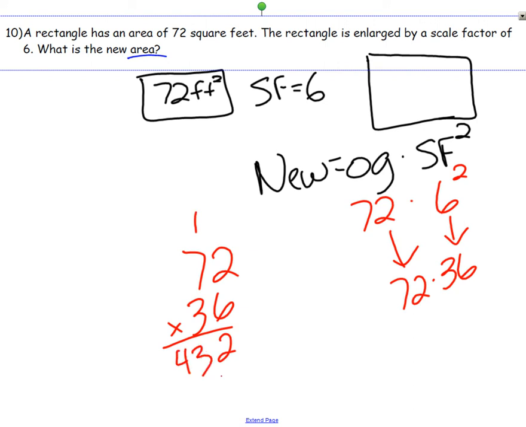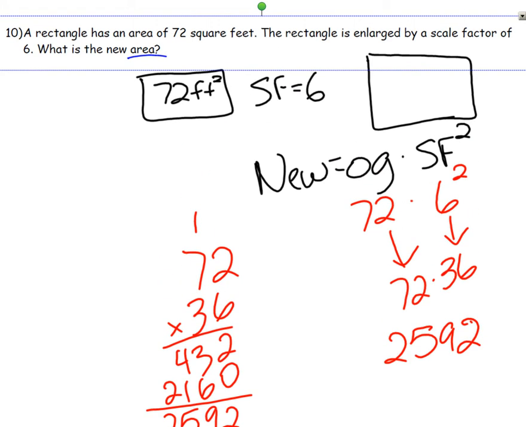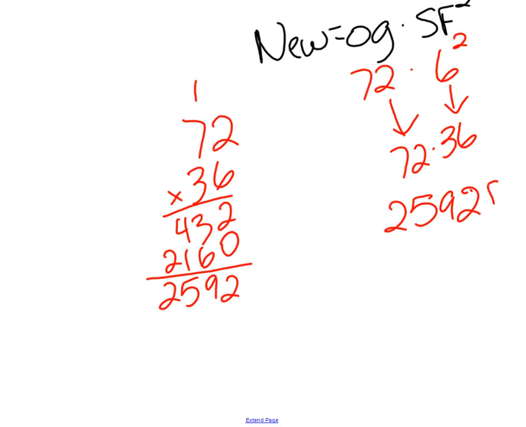So 432 and 2160, does that look right? So we get 2592. So 2,592, what unit is that? Square feet.